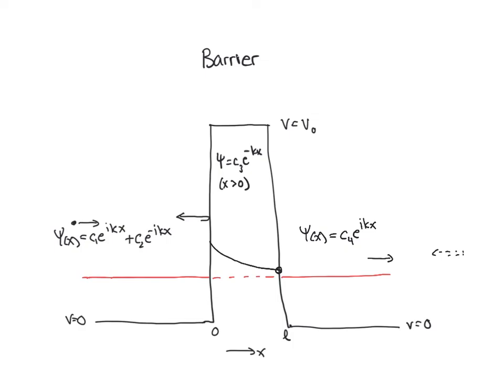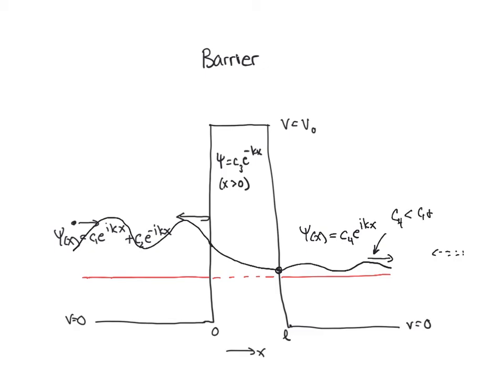This function needs to be continuous, so it is going to look like this. And then out here, I'm going to have also a sine wave looking wave function on the other side.